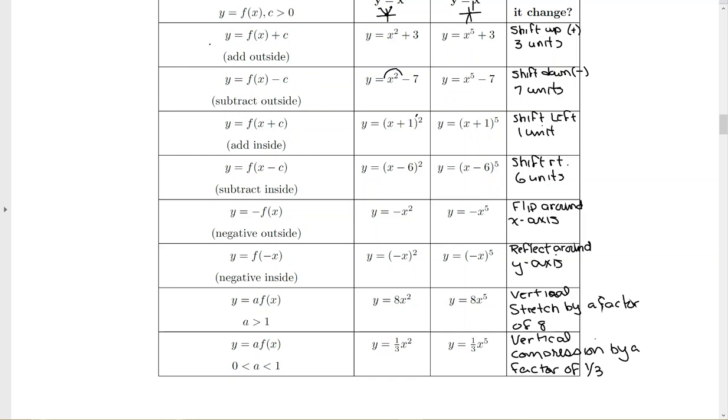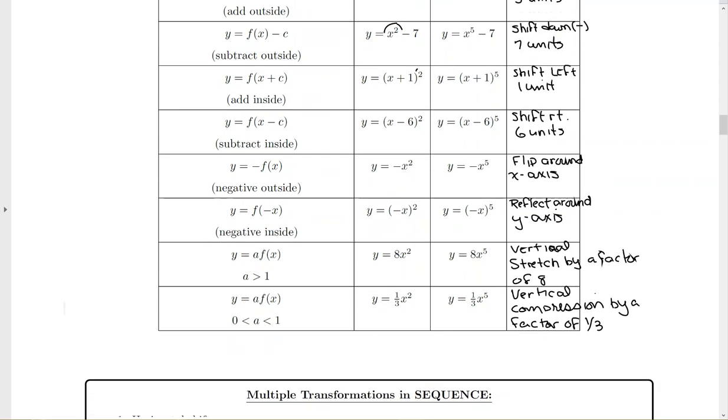Now, if there happens to be a negative along with the number, then it's going to compress and then flip it or reflect it about the x-axis. So if it's positive, it stays in the same direction. It's just going to be a vertical stretch or a vertical compression. If it happened to have been a negative 8x to the fifth or negative 8x squared, it would not only be a vertical stretch by a factor of 8, but the negative then would flip it around the x-axis.